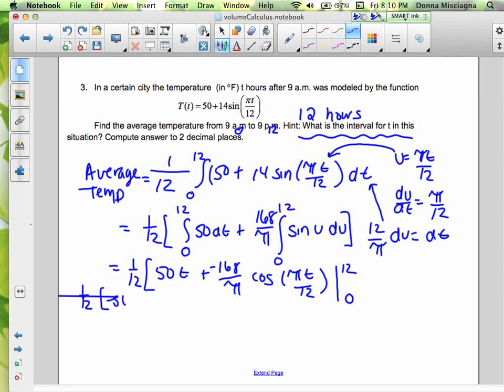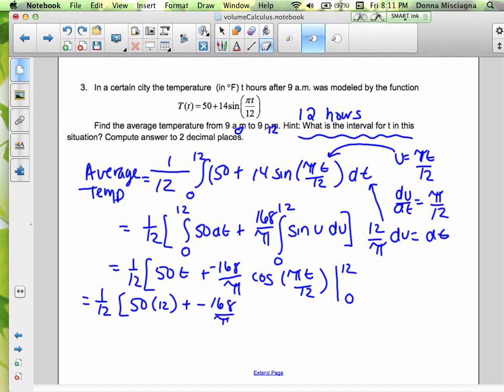So I have 50 times... we have 1/12 times 50 times 12 plus negative 168 over pi, cosine, putting in the 12 for t.